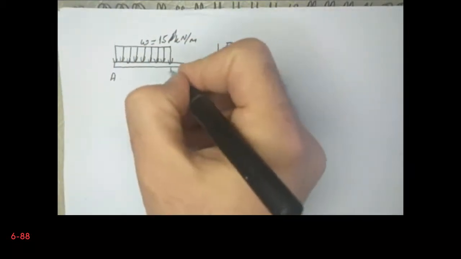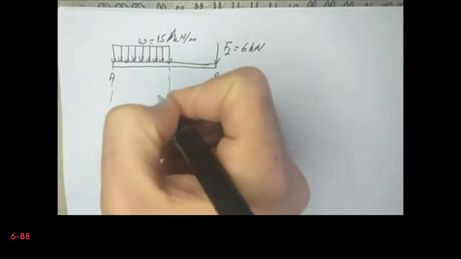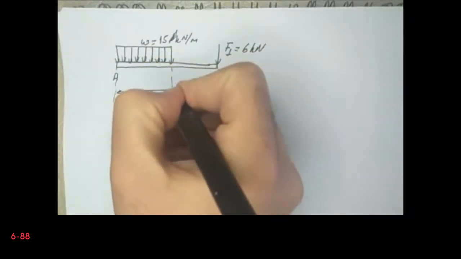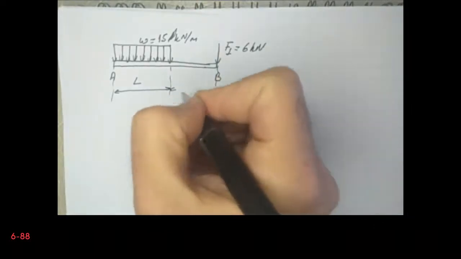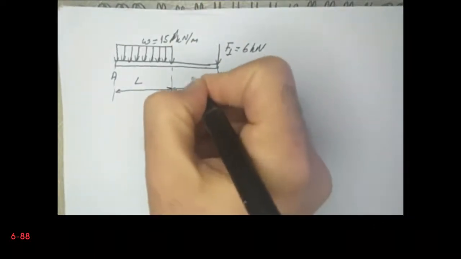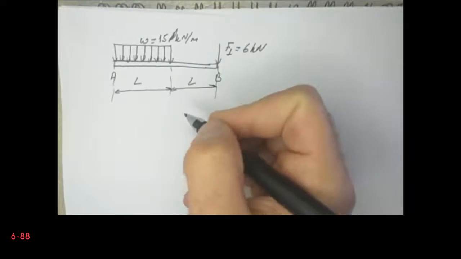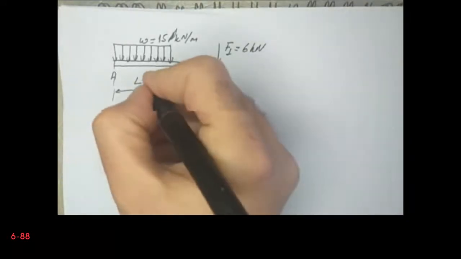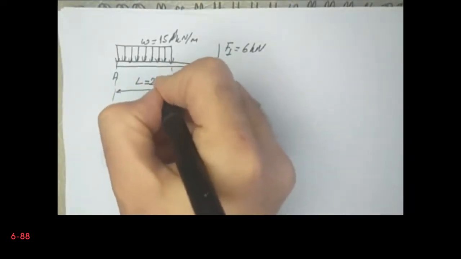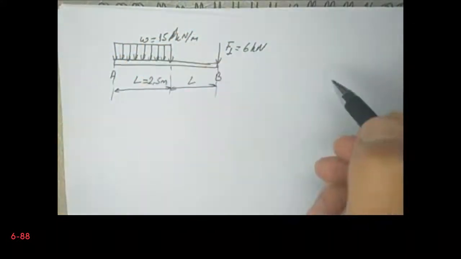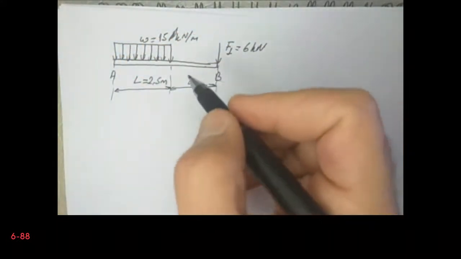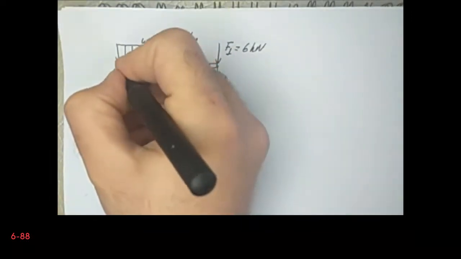We have the length L, and this is 2.5 meters. Now we don't have any horizontal force, we only have vertical force components.